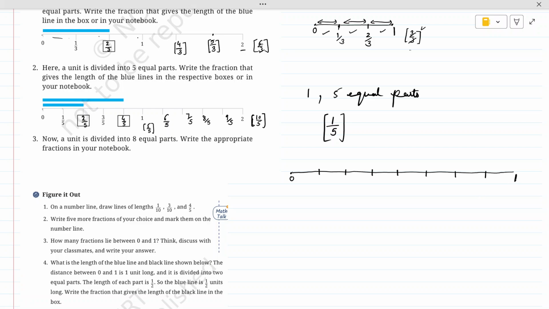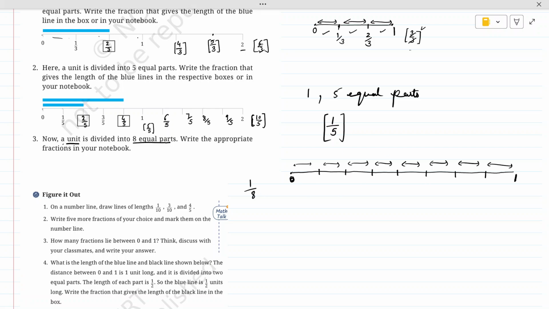This is 1 and this is 0, the starting point. So if you see here, this is one part, second part, third, fourth, fifth, sixth, seventh, and eighth. We have divided one unit into 8 equal parts here, so the length of each part will be 1 by 8.